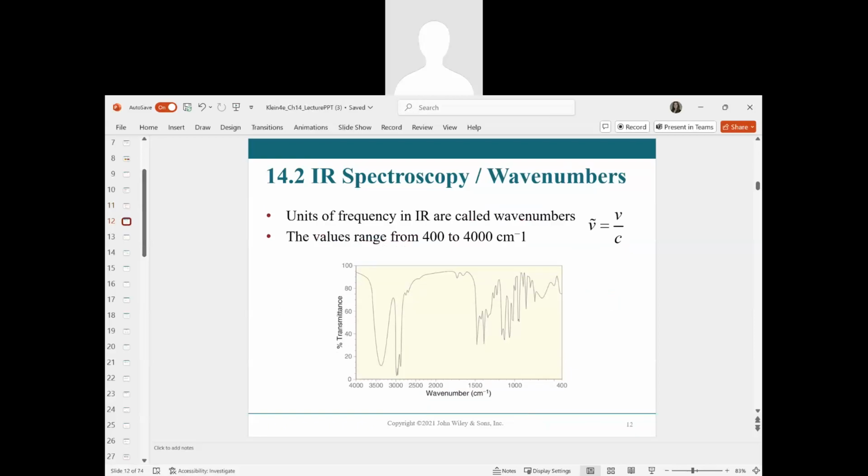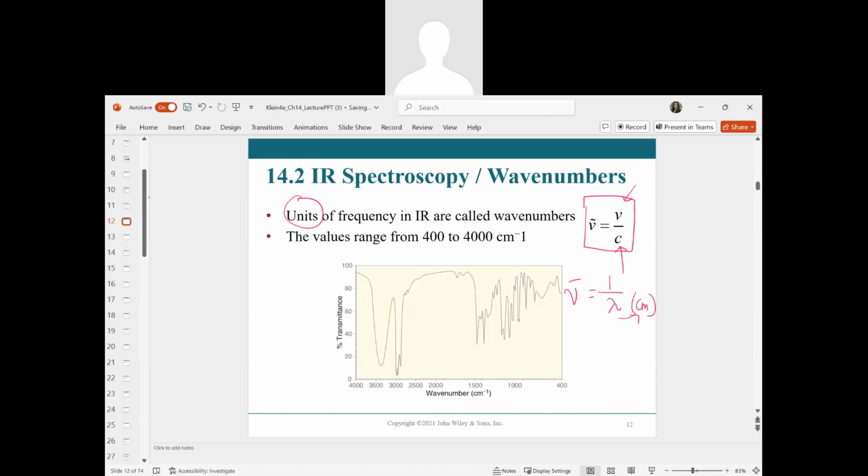So again, we mentioned the units of frequency. These are referred to as wave numbers, and we can see that it is the frequency divided by the speed of light, or we could just take the reciprocal of wavelength and generate this in centimeters. If we have our wavelength in centimeters, we could divide 1 by the wavelength and get the same wave number.